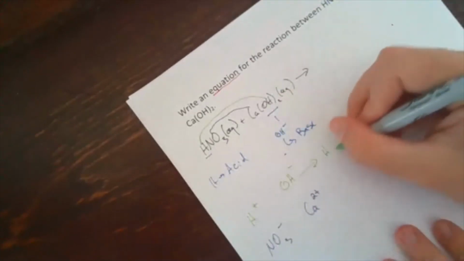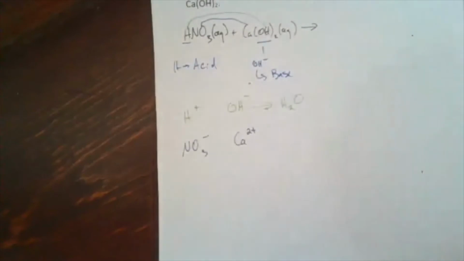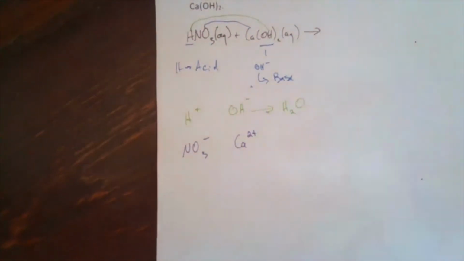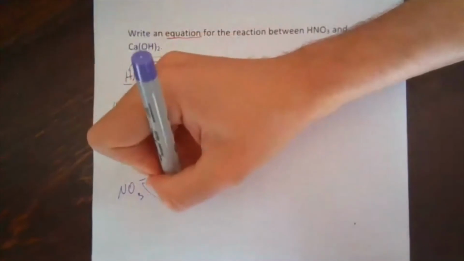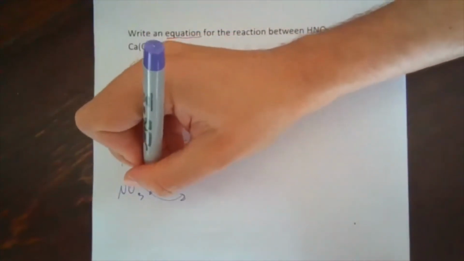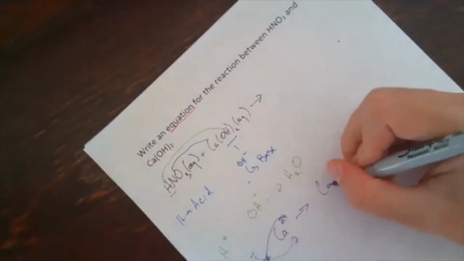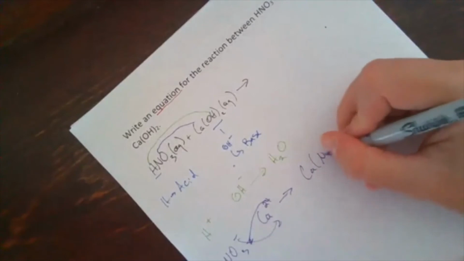If those combine, that gives me H2O. Then Ca2 plus and NO3 minus. Those are ions, they can swap. We do want to be careful: I've written them backwards, but the cation still needs to go first in the actual formula. So a 1 comes on the calcium, and a 2 goes onto the nitrate. Ca(NO3)2.